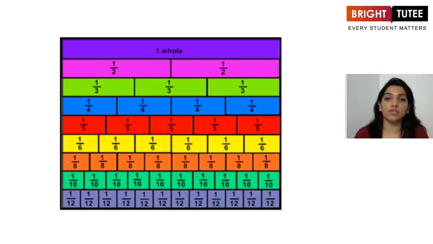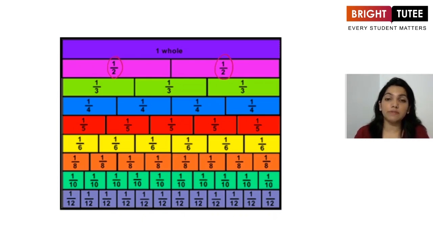Look at this image here. The first purple line that you see shows you a whole, a complete. Look at the second image. You see that the whole has been divided into 2 parts. So how do we write? We write it as 1/2 and 1/2, that is half and half.